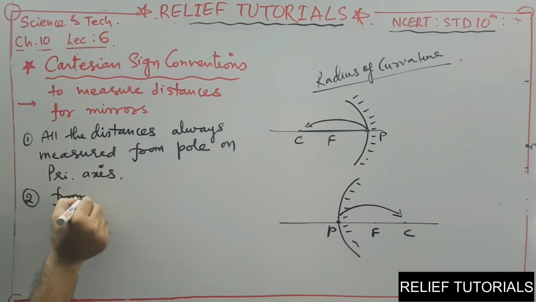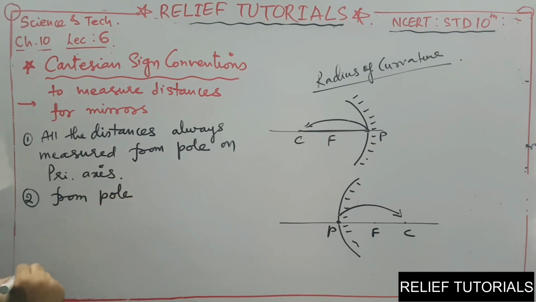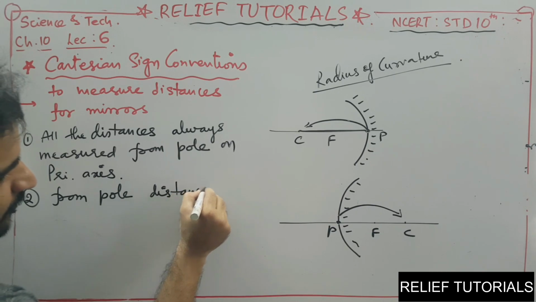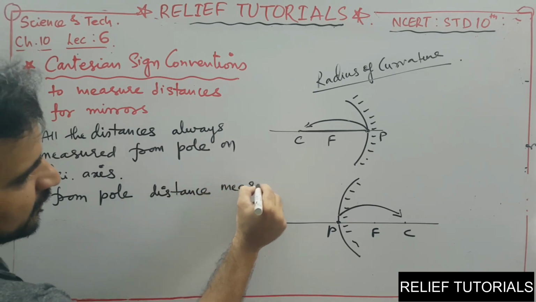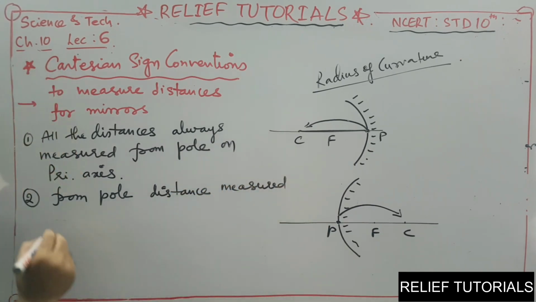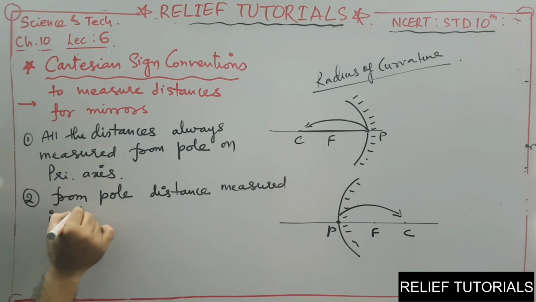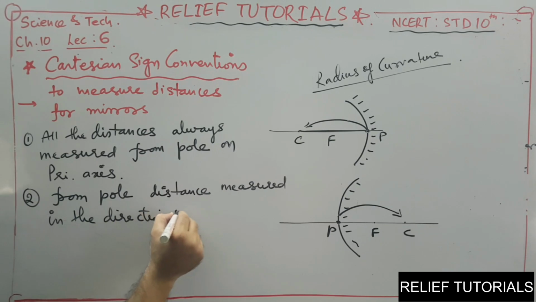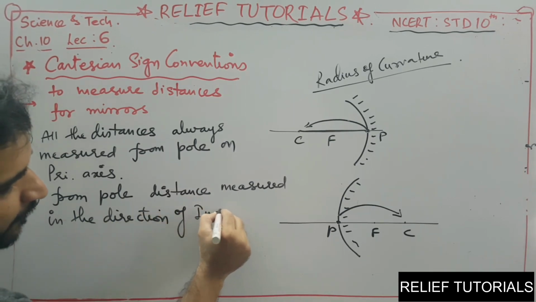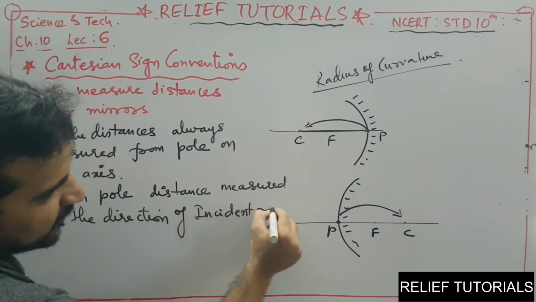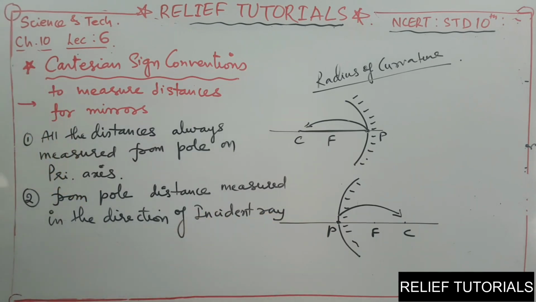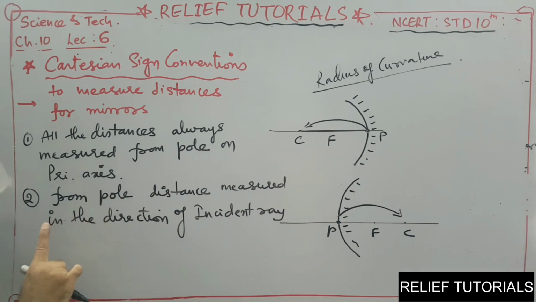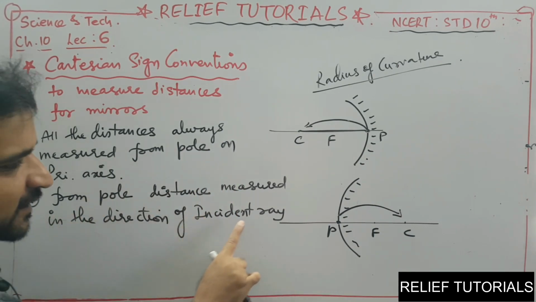From pole, distance measured in the direction of incident ray.